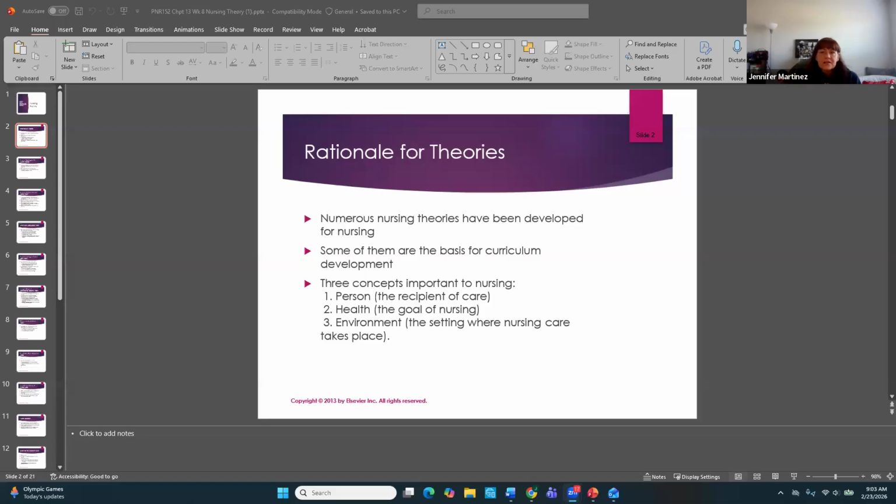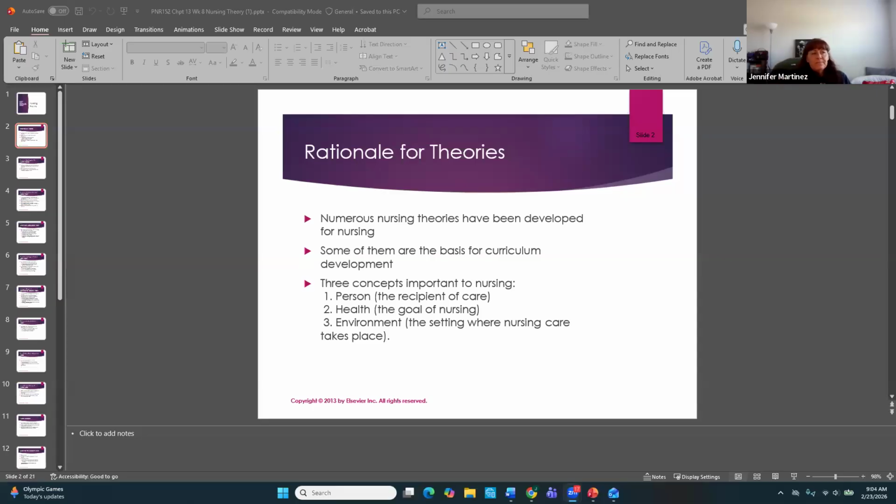And so the three concepts that are important to nursing: number one, the person, right? The recipient of the care, our clients, people that we're taking care of. Number two, health, which is the goal of nursing, right? The goal here is to try to restore our clients back to their previous state of functioning, or as close to their previous state of functioning as possible.